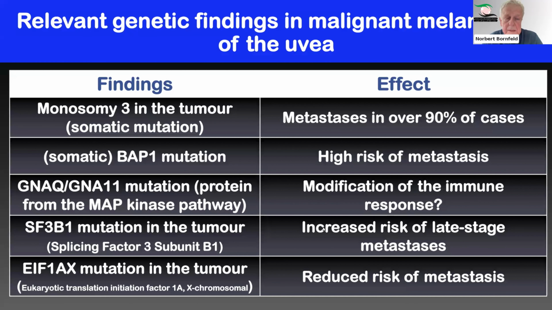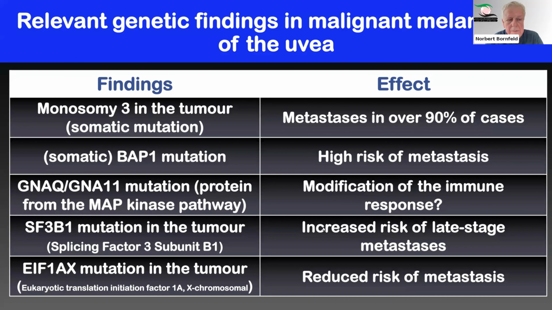Uveal melanoma is now very much evaluated, and we know a lot of genetic findings and genetic types to define the risk of the tumor. You'll see these on this graph or this table. The most important genetic finding in a uveal melanoma is monosomy 3. It's a somatic mutation, and if a patient has monosomy 3 in the tumor, not in the blood, metastasis may occur in over 90% of the patients.